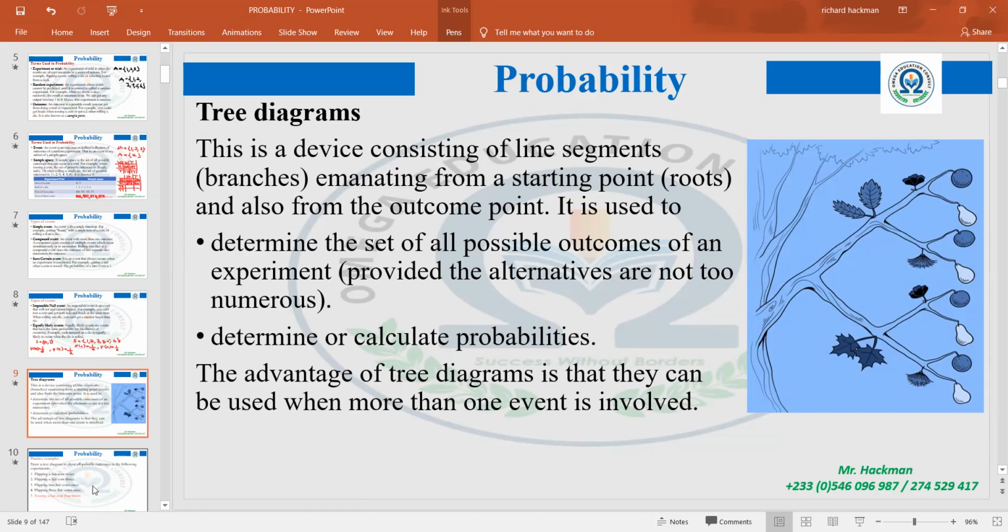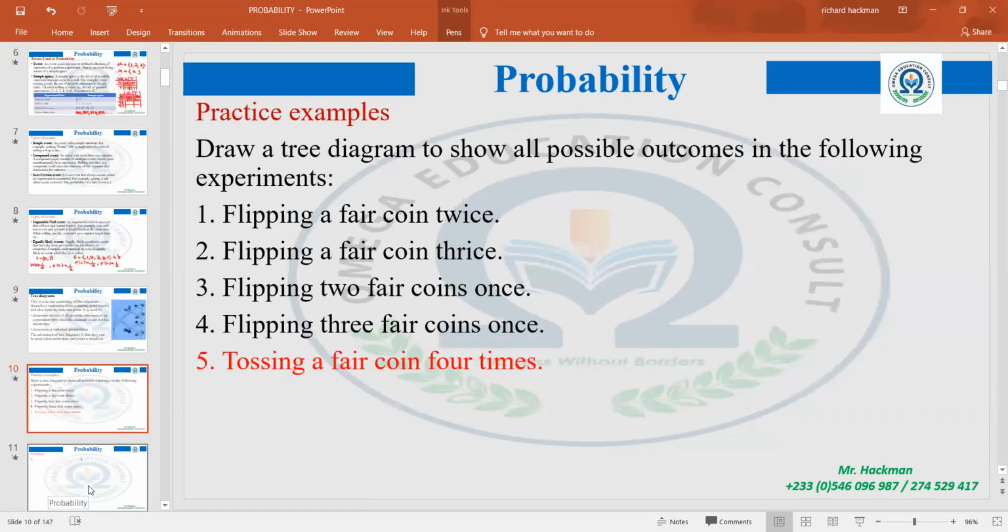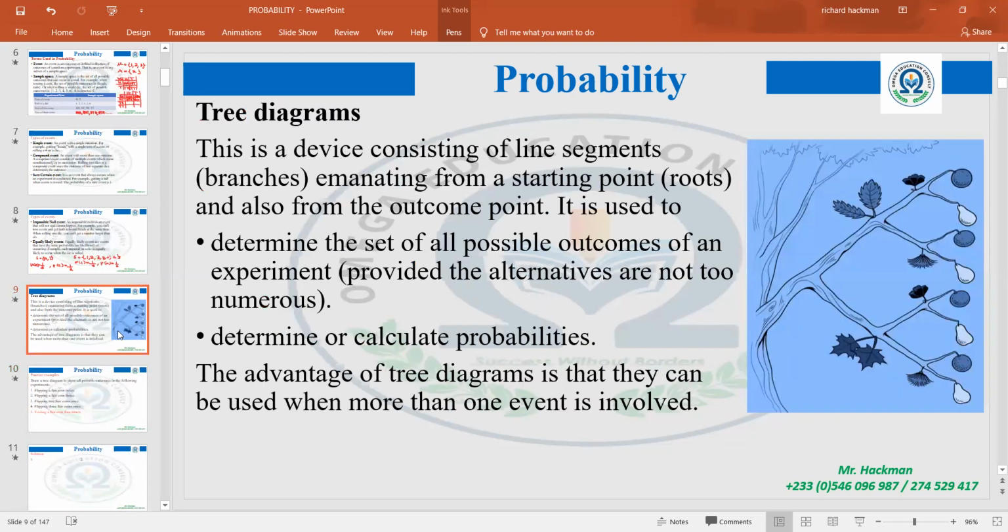So now let's see how best we can use this concept. Your tree diagram will not look exactly like this, but you start from the root.